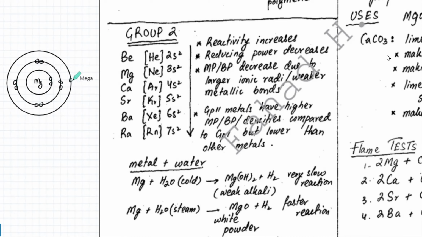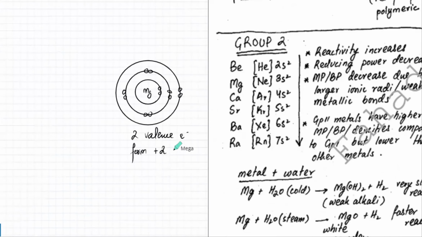So that is an example of Mg, 2 valence electrons. All of them have 2 valence electrons, and they form +2 ions. So whenever they lose electrons, they form +2 ions, which is going to look like this.